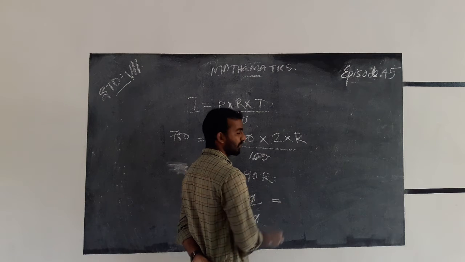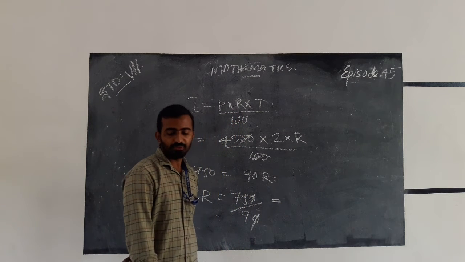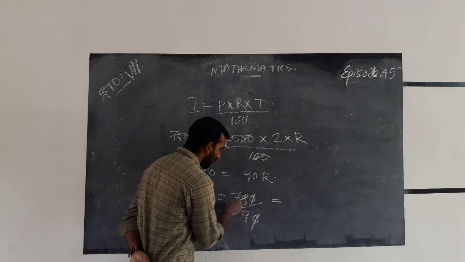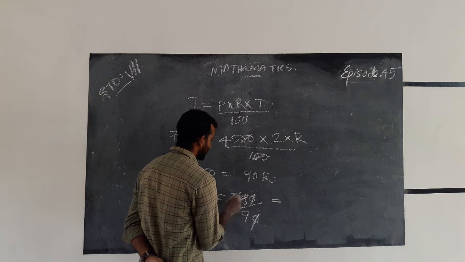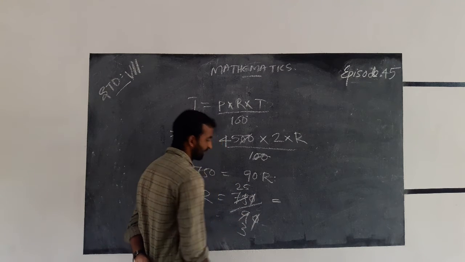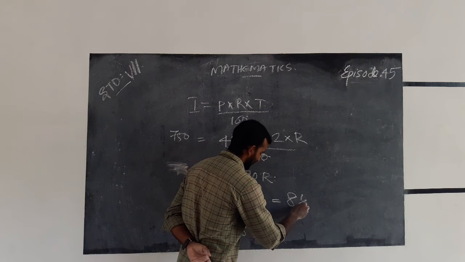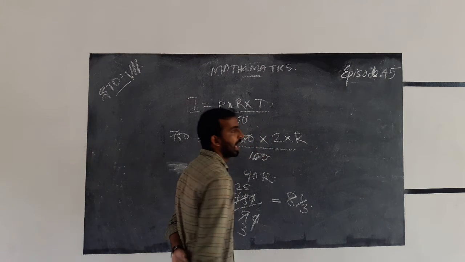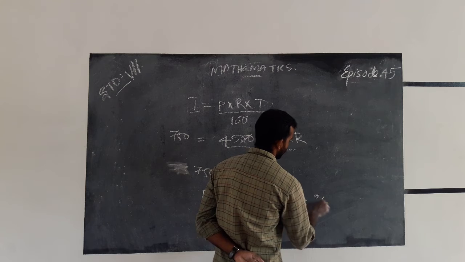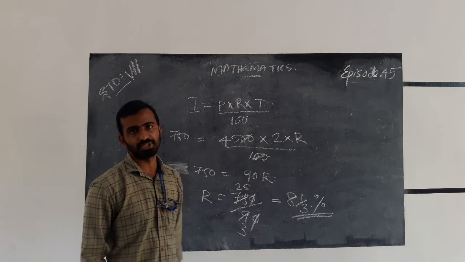We can write it as 25 by 3, that is 8 and 1 by 3. The rate of interest is 8 and 1 by 3 percent.